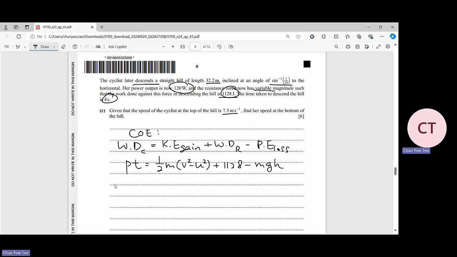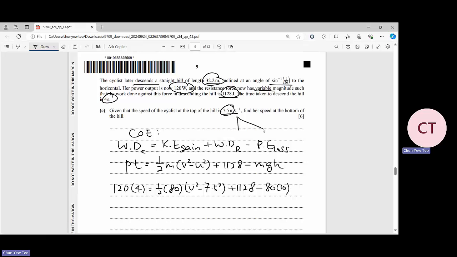Okay, so the power given is 120, the time given is 4 seconds, the mass is 80, the V you do not know, but the U is 7.5, plus 1128, minus the M. M is 80, G is 10, the height, it will be 32.2.